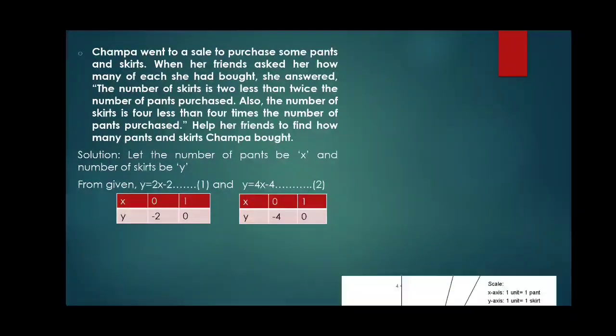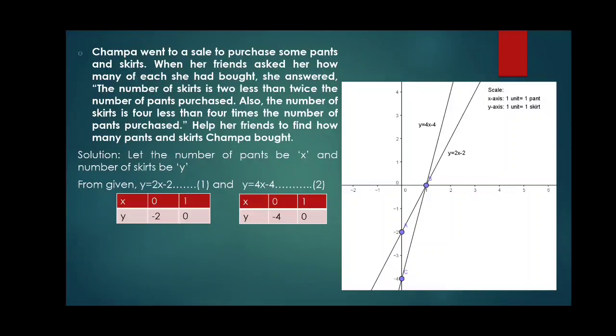On plotting the graph, we get something like this. You can see here the line AB represents the equation y is equal to 2x minus 2, whereas the line BC represents the equation y is equal to 4x minus 4. And we know that since they are intersecting lines, the point of intersection is the solution to our equation.